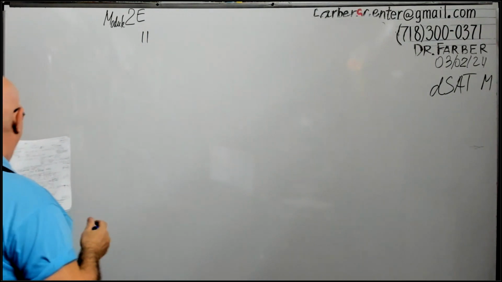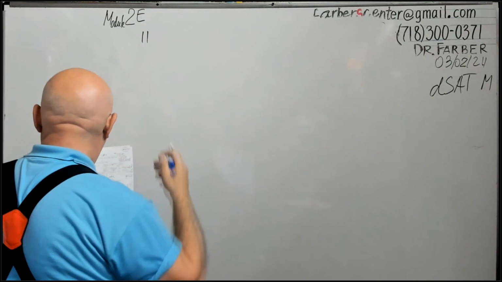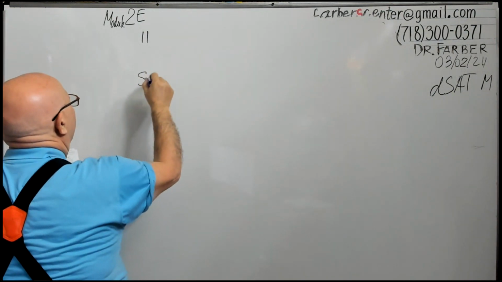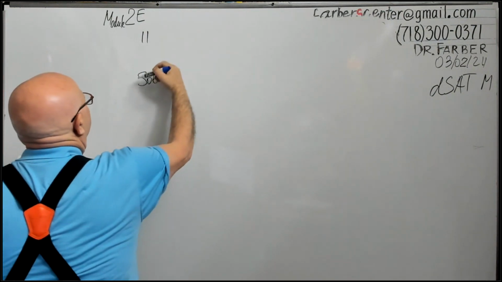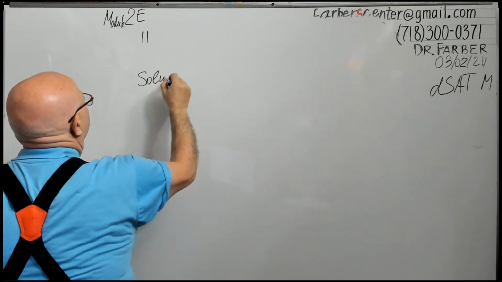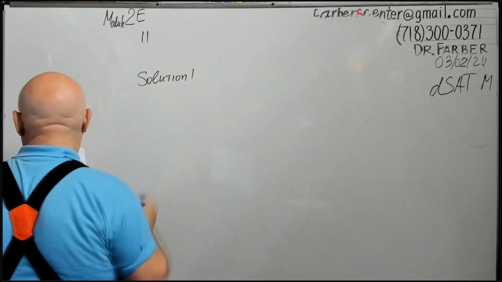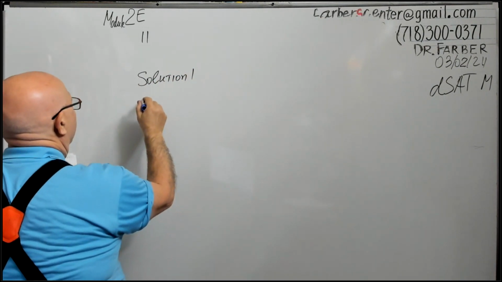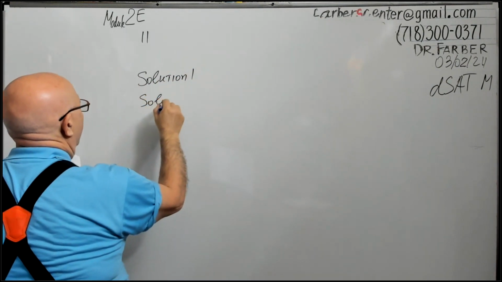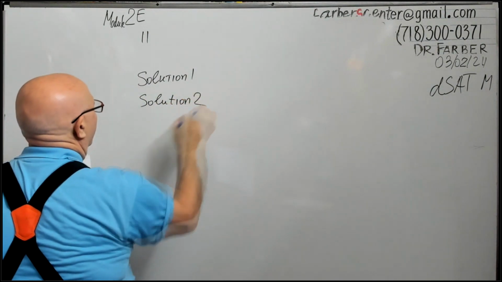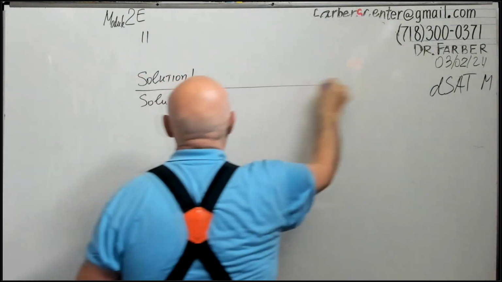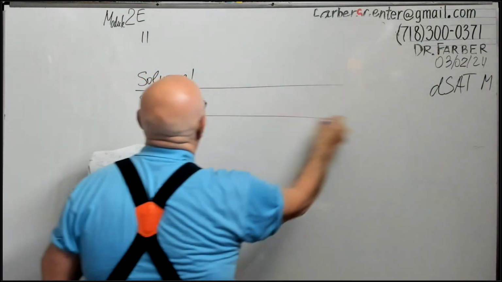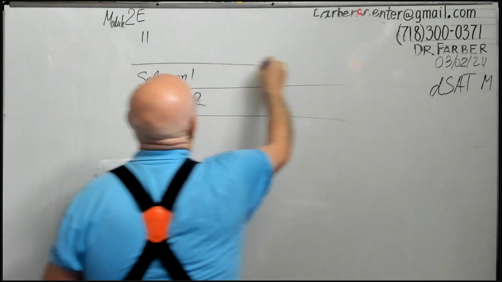Now we have solution 1. I even don't care about name of this acid. Solution 1. And we combine with bicarbonate, the solution 2. And these two solutions, you can make sure they have properties.